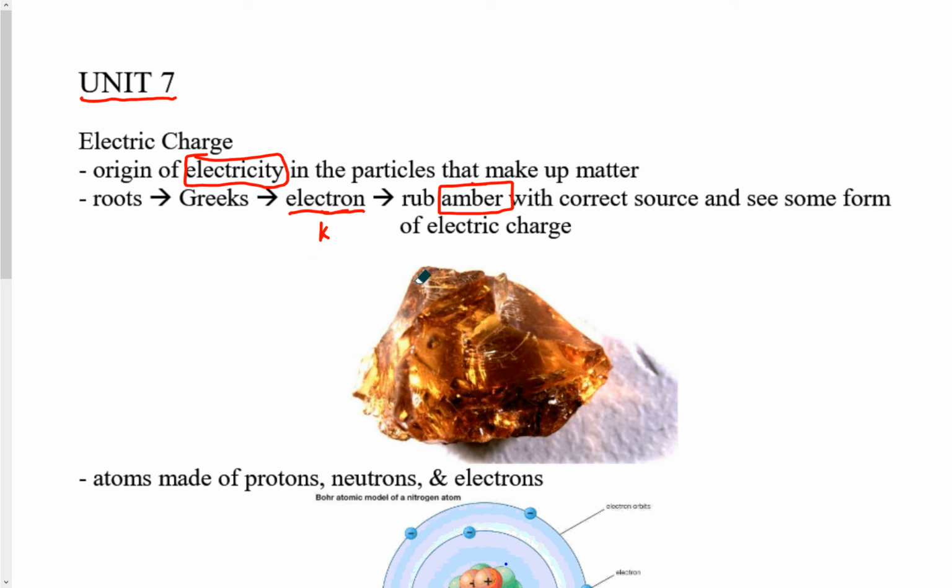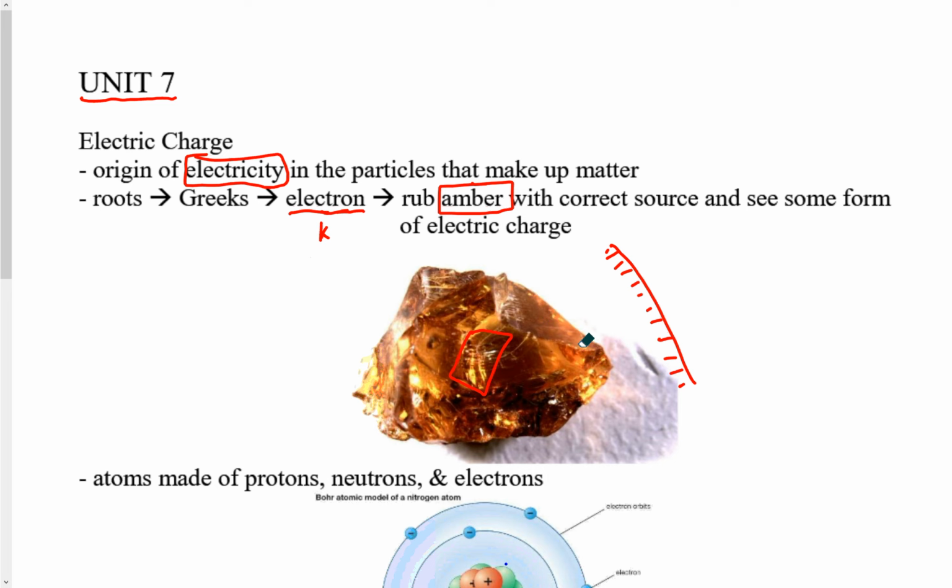And so this is a piece of amber that we're looking at down here in this picture. If you've ever seen Jurassic Park, the guy had a piece of amber with a little mosquito trapped inside of it. But what the Greeks noticed is you could take a piece of animal fur and rub this amber with it, and they would notice its ability to attract or repel certain objects.